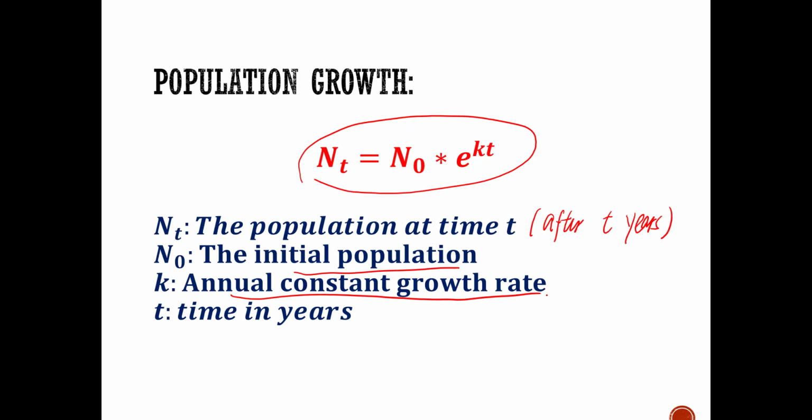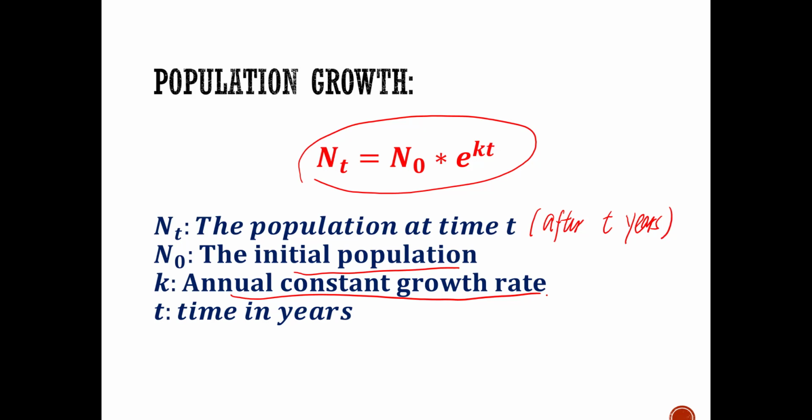And then the U.S. Census actually posts those data about the annual constant growth rate. That's why every U.S. citizen participates in the U.S. Census. So they gather data and publish all those data for the public use.